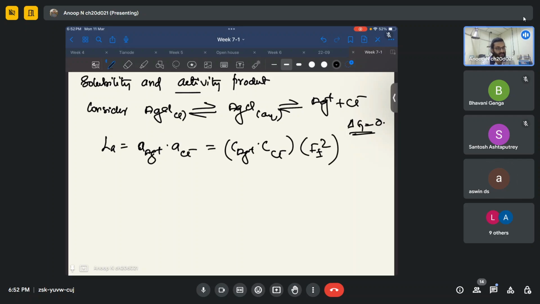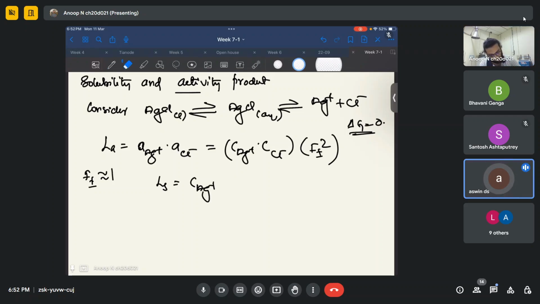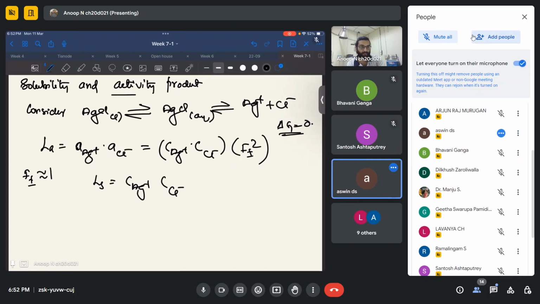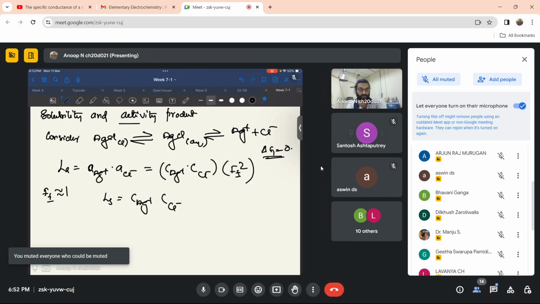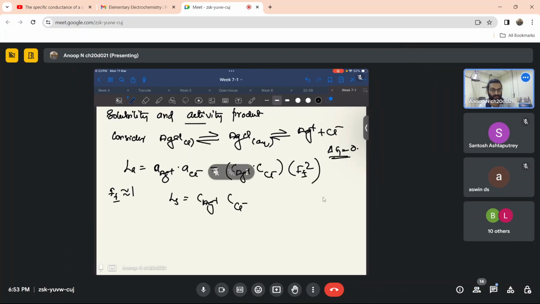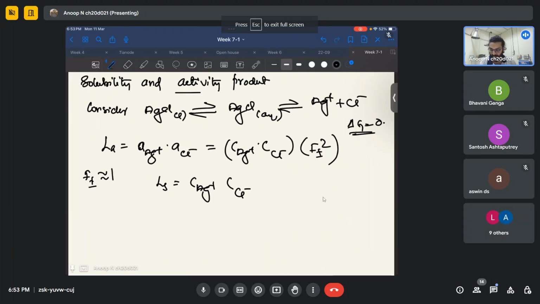So for a saturated solution, we can write approximately f plus minus is equal to 1, where it is close to ideality. So Ls is equal to C Ag plus into C Cl minus.